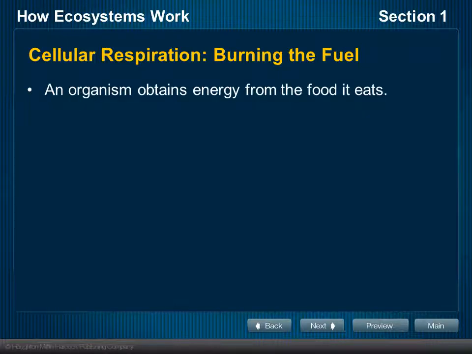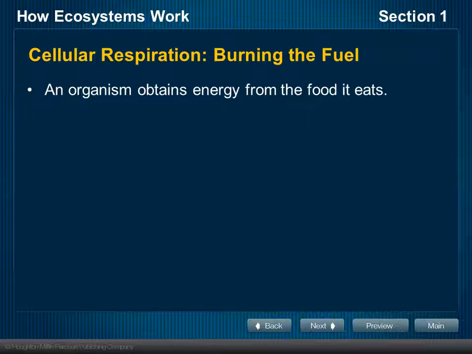This all leads to a discussion of cellular respiration, because why are we talking about this? Every organism within an ecosystem needs to have an energy source, in particular fuel so that their cells can do what they need to do. If you think of cells as little engines or little furnaces, they need energy.